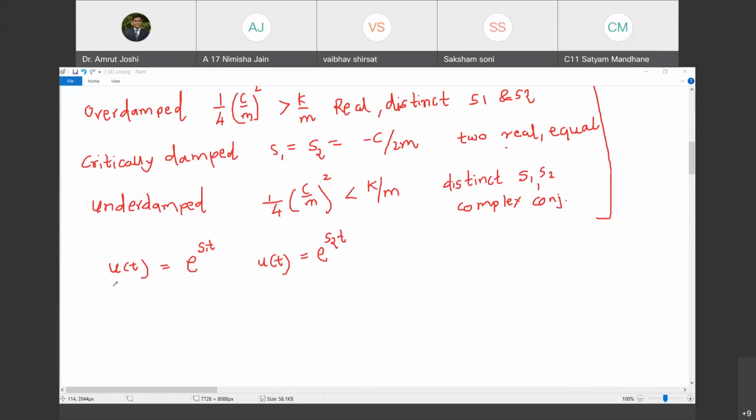So if there are two functions that satisfy the differential equation, then a linear combination of those two functions also will satisfy the parent governing differential equation. So I will write down the general solution as C1 times e raised to S1t plus C2 times e raised to S2t. So what are C1 and C2? C1 and C2 are the two constants that we must arrive at by using two boundary conditions.